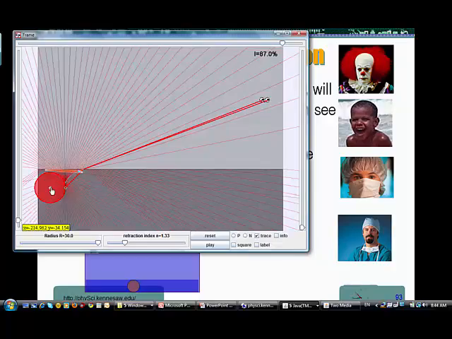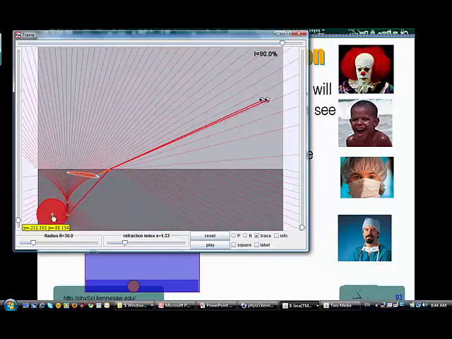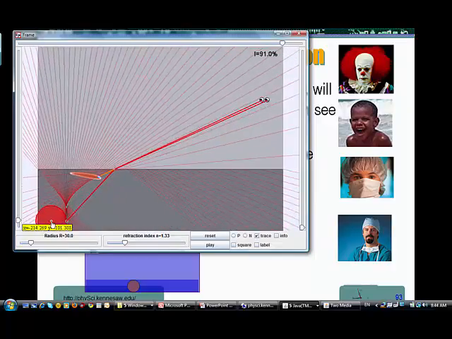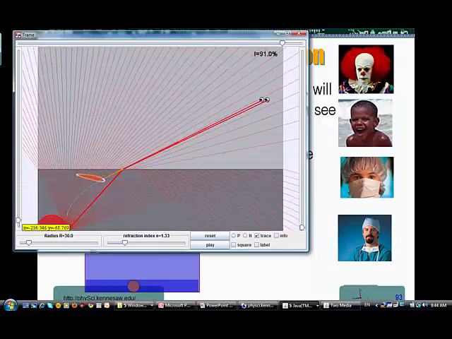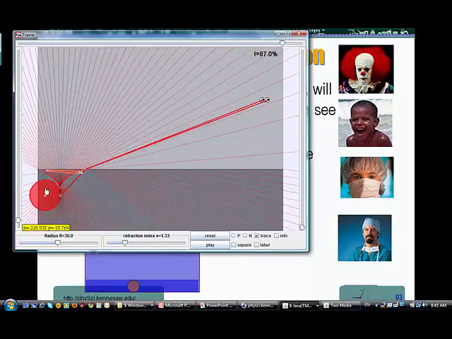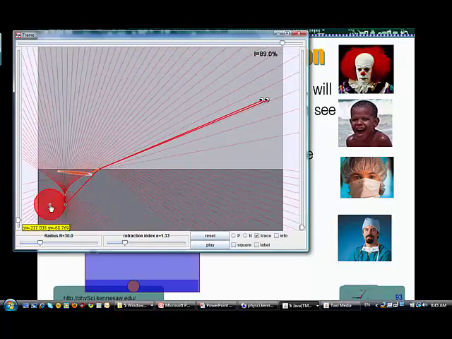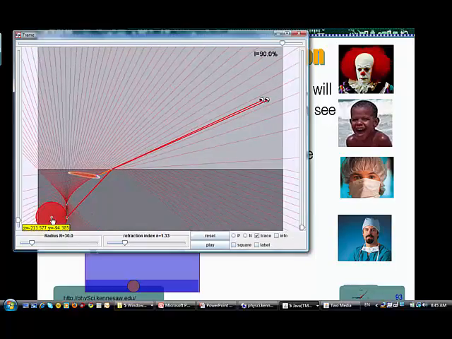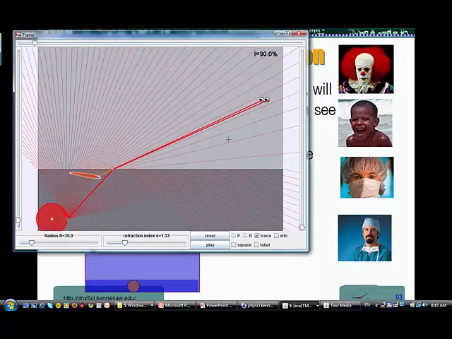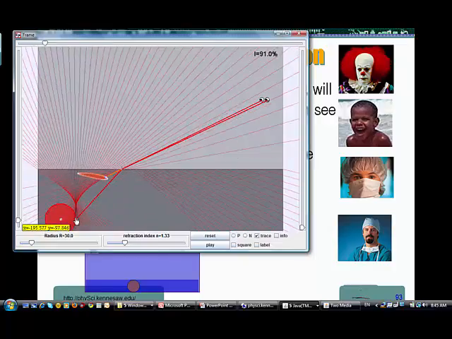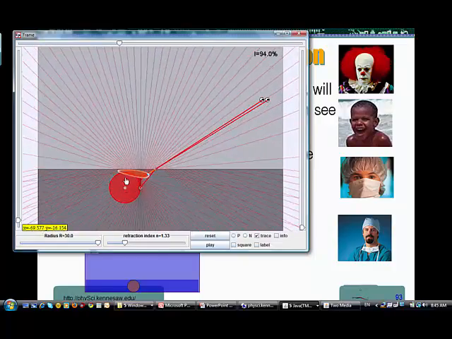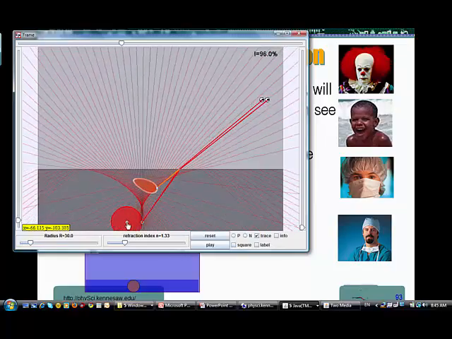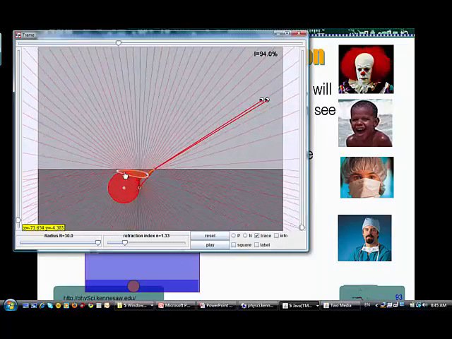But then as we go deeper, look at the way the light is coming off. Okay, you see more and more light coming in down here. So the answer is, the deeper you go, the more people are going to be able to see it.